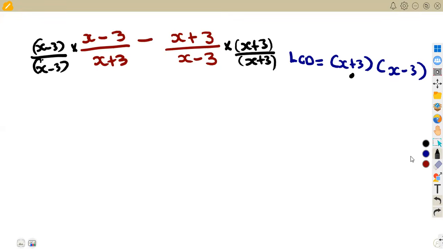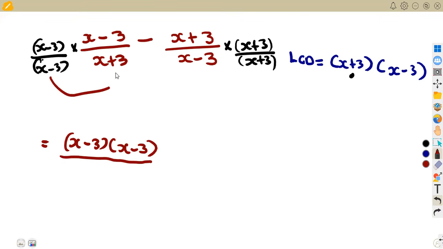So in this case, taking our fractions as they are, the numerator to the numerator, we are going to have x minus 3, just open a bracket. Also that x minus 3, open a bracket for it. So everything is going to be over the denominators, which is x minus 3, x plus 3, or you can write it as x plus 3, x minus 3. It's up to you.